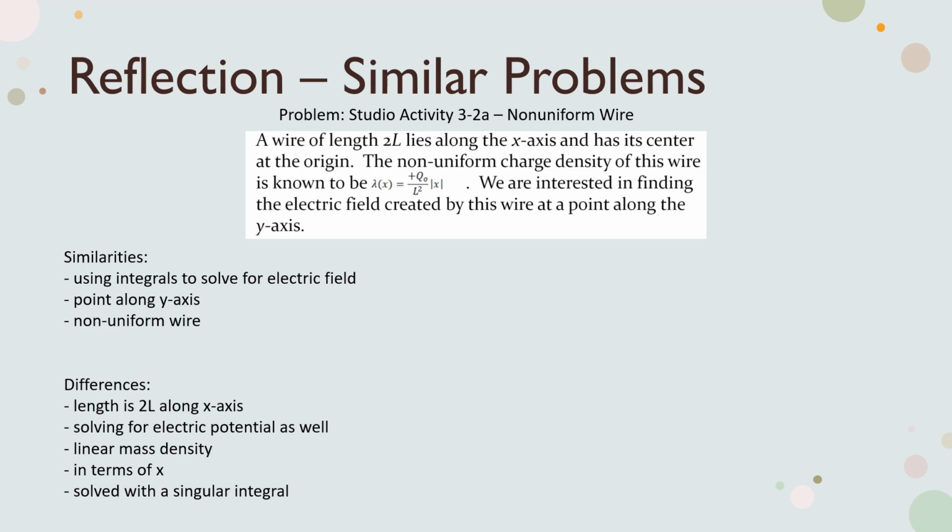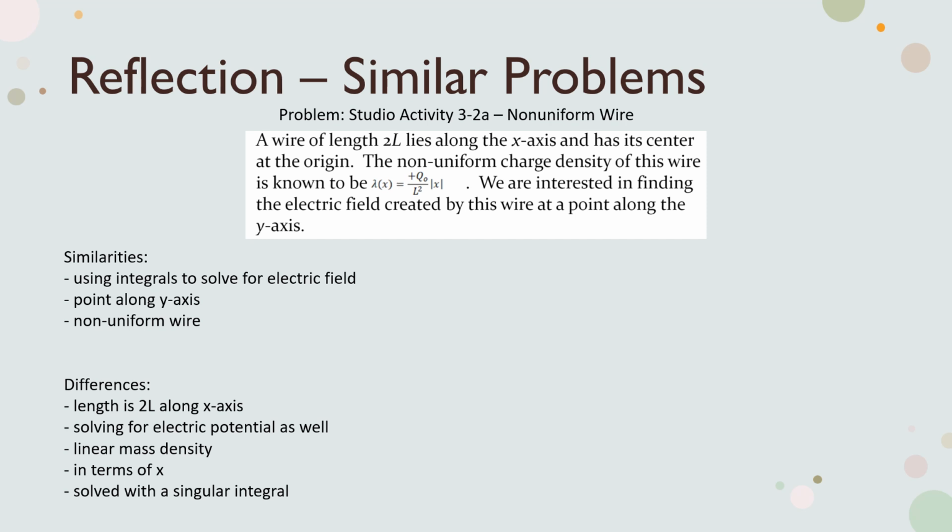For our reflection and similar problems, we chose studio activity 3-2A, a non-uniform wire. With the problem statement given here, we can see some similarities, like using an integral to solve for electric field and finding the electric field on a point along the y-axis, and also when you're given a non-uniform wire. Some differences, however, are the length is 2L along the x-axis versus in this problem we put 2L along the y-axis, and it's the width.